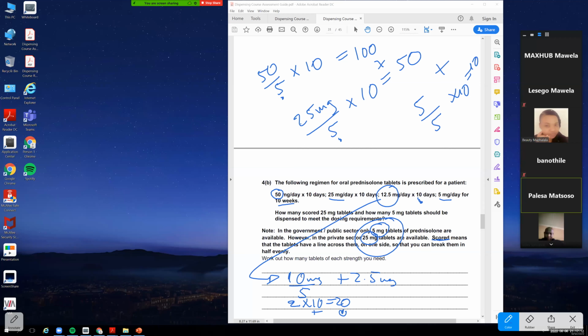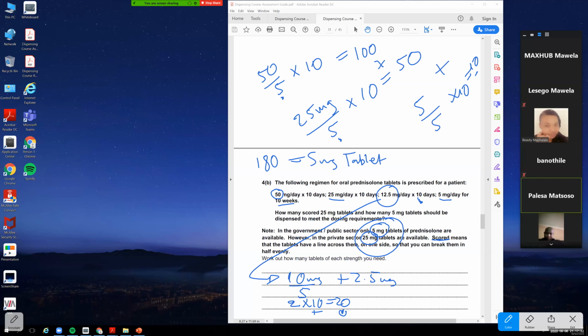This 20, what is that? 150, 160, 170, 180. So your answer will be 180 of the 5 milligram tablet, right?